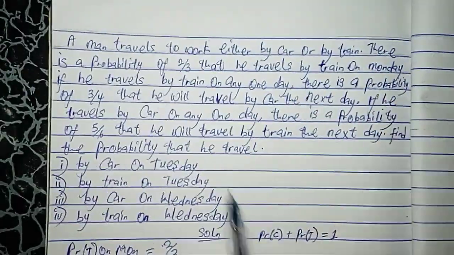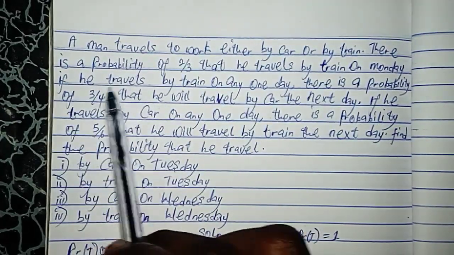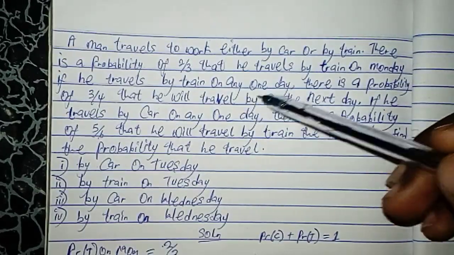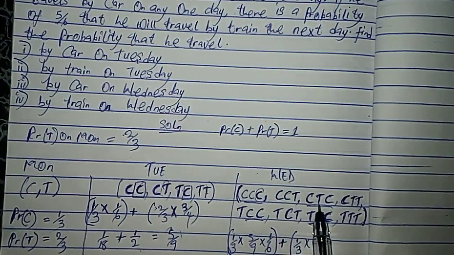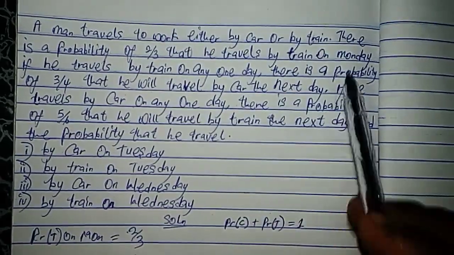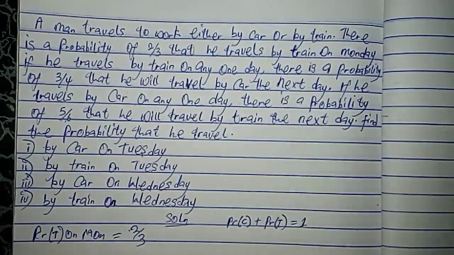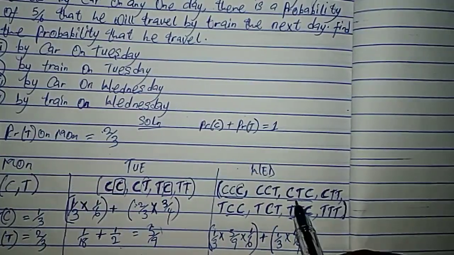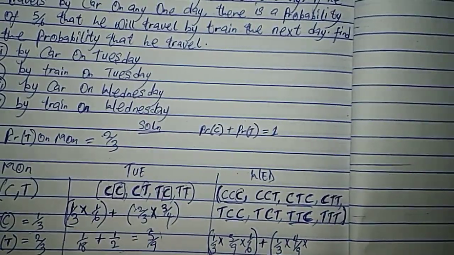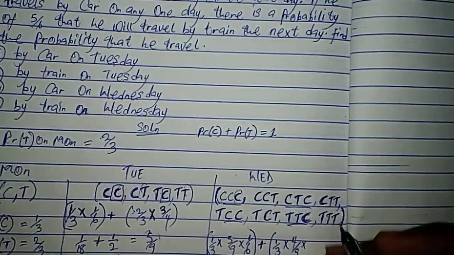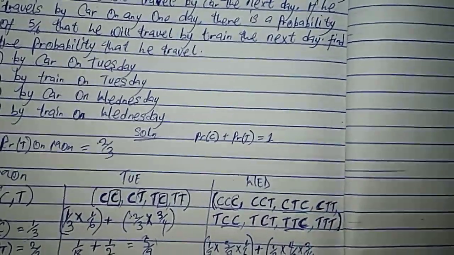From this question, it says there is a probability, if he travels by train on any one day, that he will travel by car the next day, which is 3/4. He traveled by train on Tuesday, and the next day, which is Wednesday, there will be a probability of 3/4 that he travels by car. So this should be 3/4.